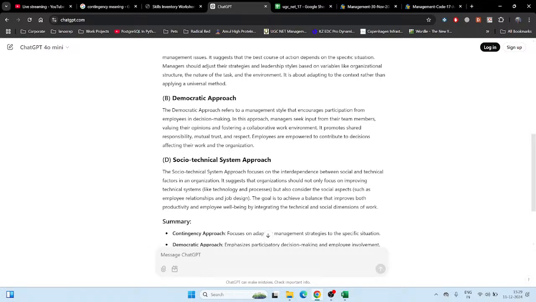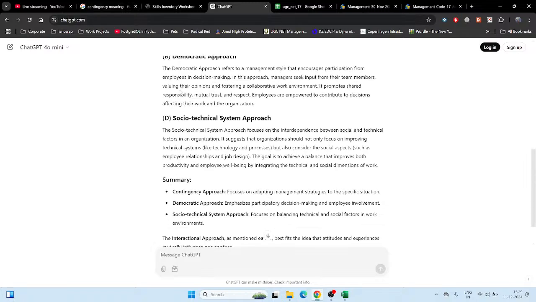The socio-technical system approach focuses on the interdependence between social and technical factors in an organization. It suggests that organizations should not only focus on improving technical systems, but also consider the social aspects like employee relationships and job design. The goal is to achieve a balance that embraces both productivity and the social side.